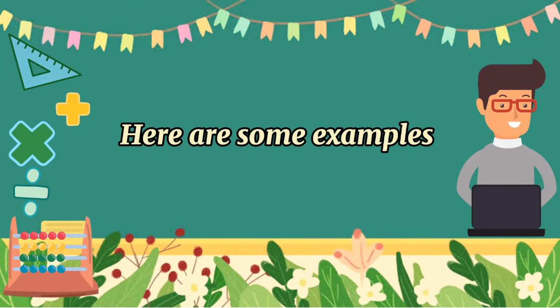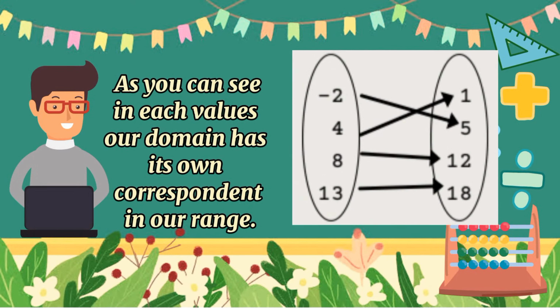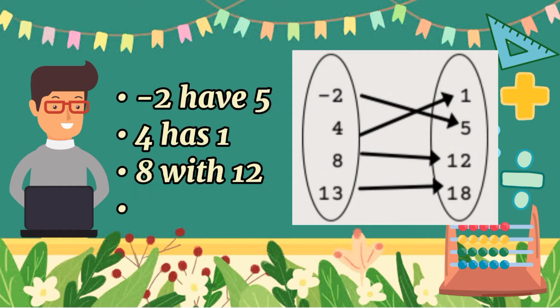Here are some examples of one-to-one function. As you can see in each values, our domain has its own correspondent in our range. Our domain is in the left side, which is -2, 4, 8, and 13, and the range is in the right side, which is 1, 5, 12, and 18. -2 has 5, 4 has 1, 8 has 12, and 13 has 18.